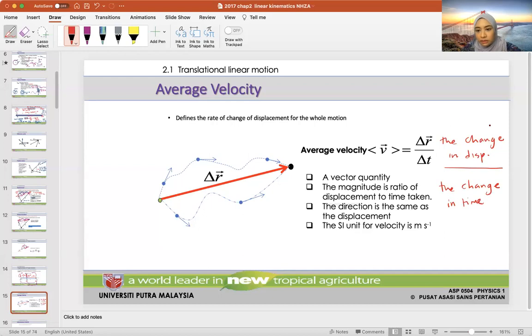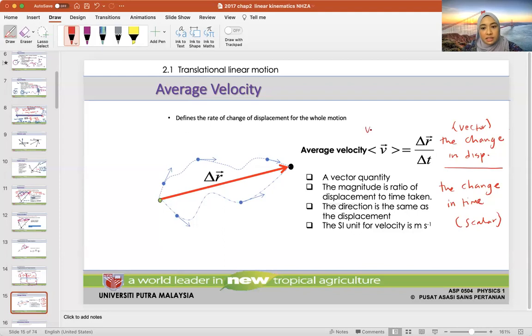So vector divided by scalar, what do you get? Vector. Correct. You get a vector. So this is a vector. I had a funny question in the chat box earlier, I'll tell you later. So vector divided by scalar, you get a vector.